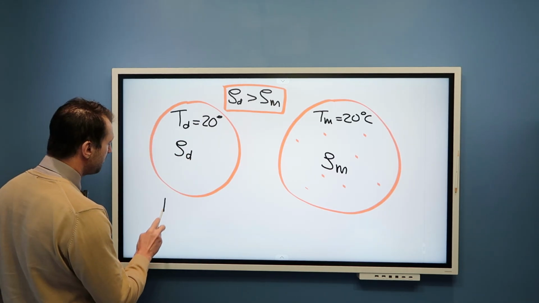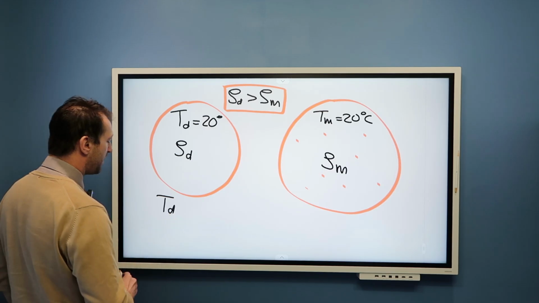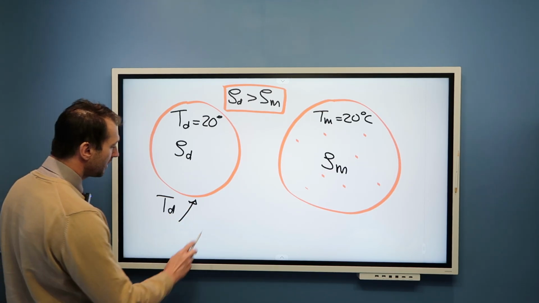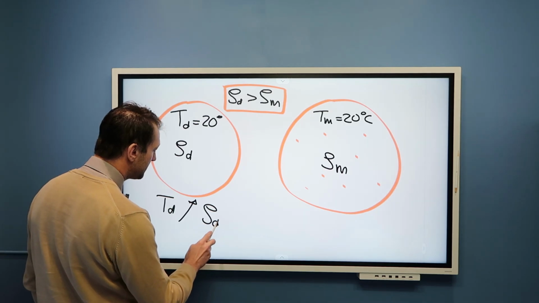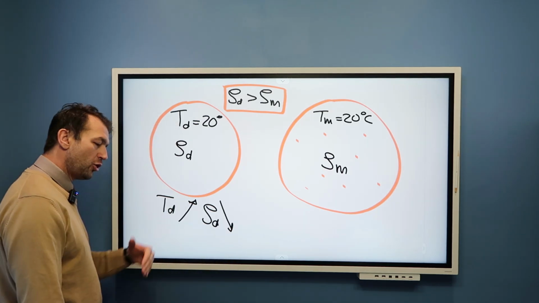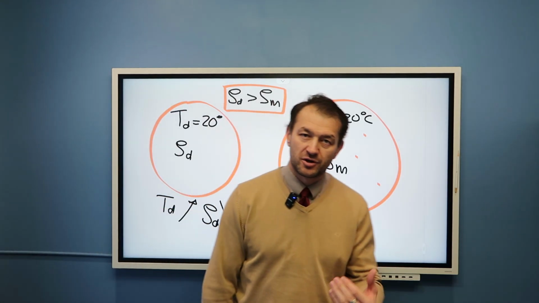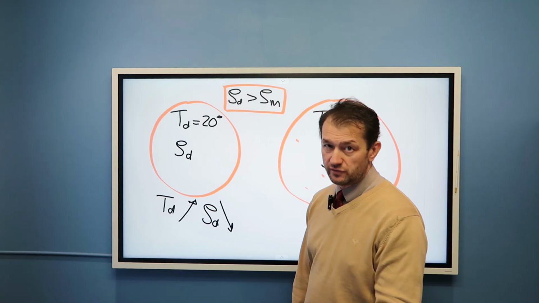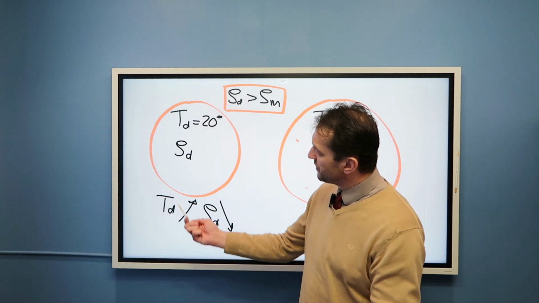Namely, if the temperature of this dry parcel of air increases, that means that the density of this dry parcel of air will decrease. You know that from the concept of temperature that I discussed in great detail in a number of my previous videos. Because what is temperature?